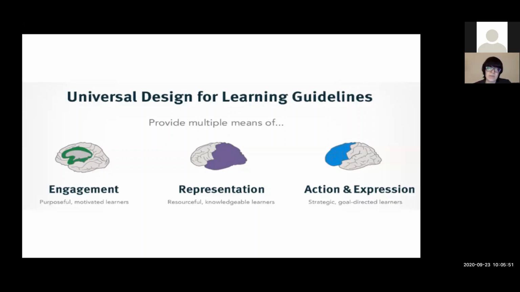Any of those types of things, you want to offer multiple forms of representation so that there's multiple ways that people can engage with the materials and multiple ways that people can learn from them, regardless of what they're most comfortable with. So that can even be something as simple as offering both text and a video.